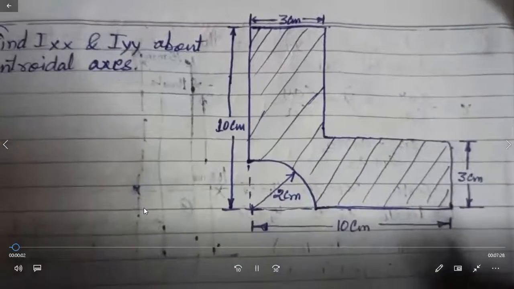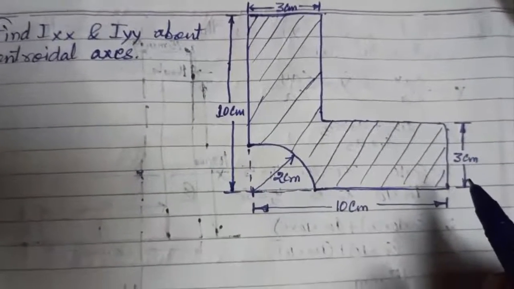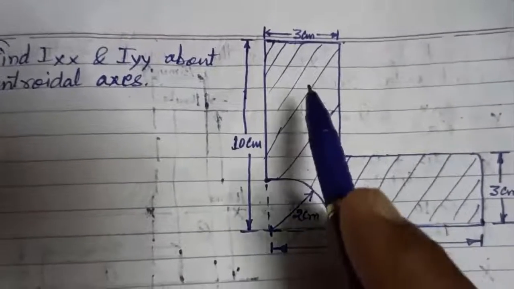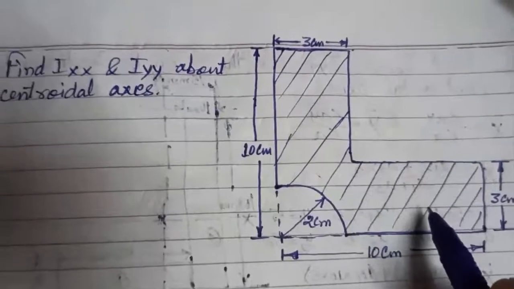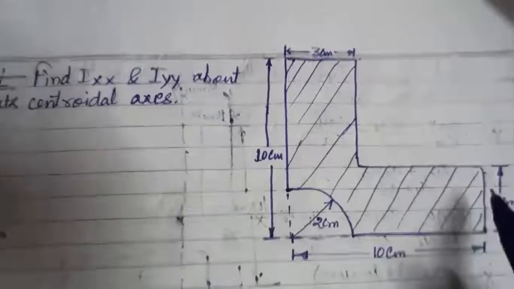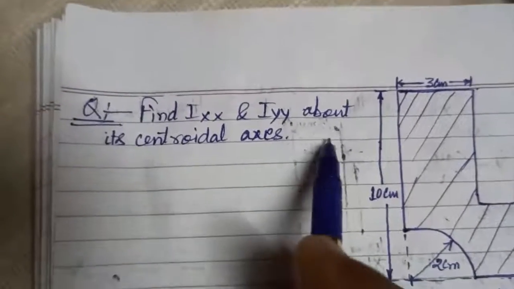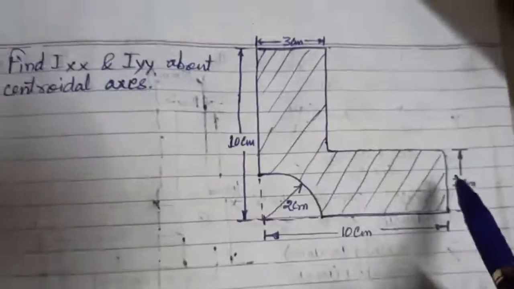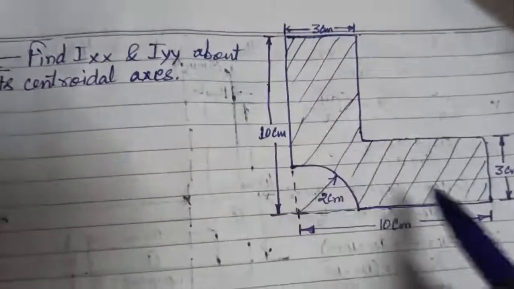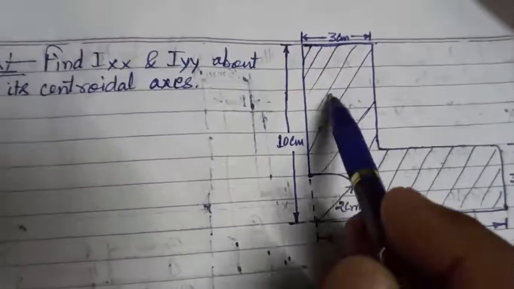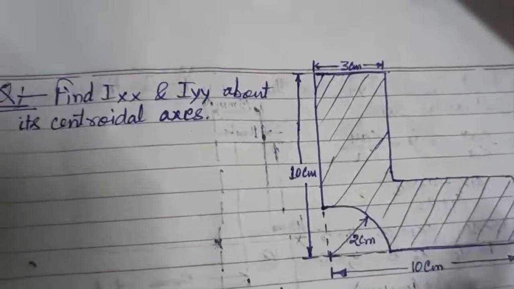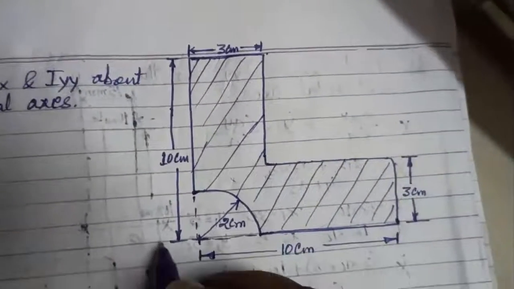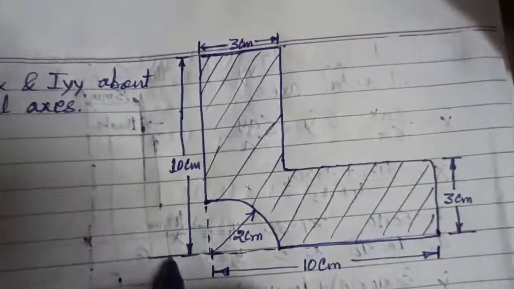Now in this question, we have to find the moment of inertia of this shaded area about the centroidal axis. So first of all, we have to calculate the centroid of this shaded area. For this, we will choose the reference lines.